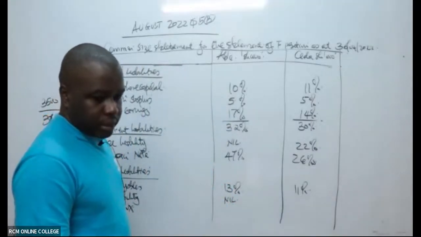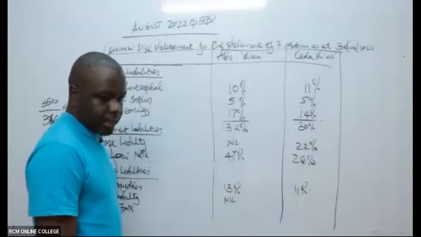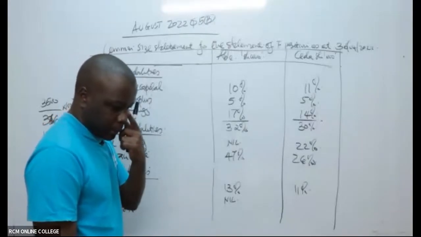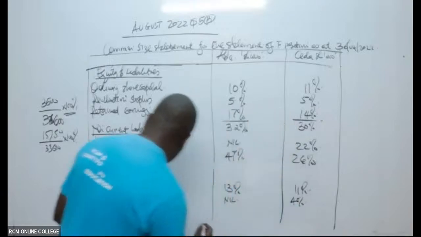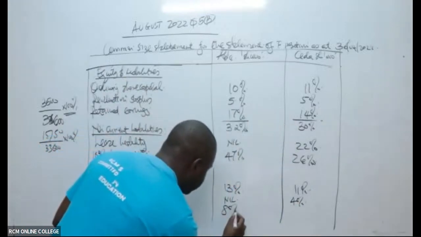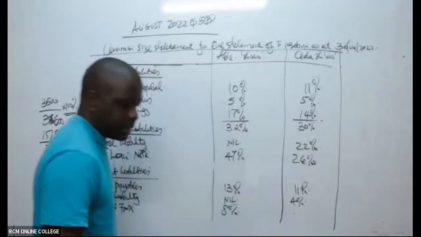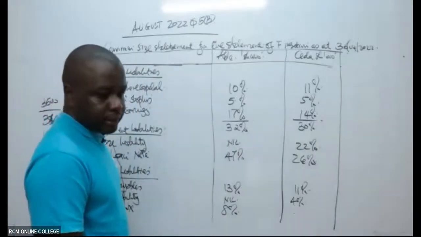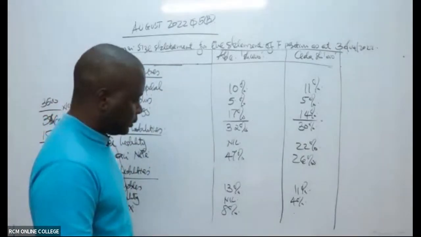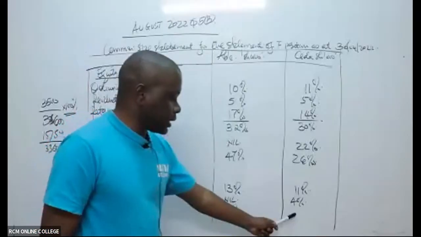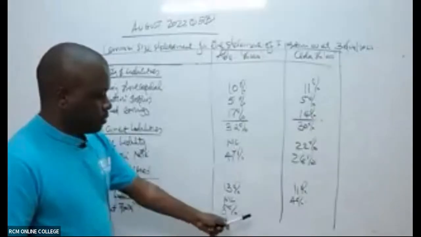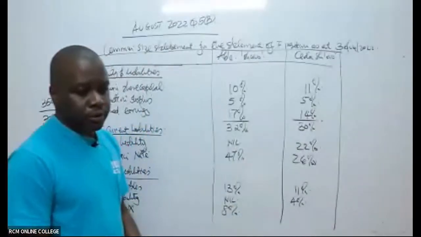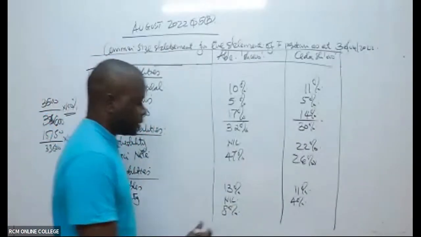The other side is 3.7%, so this one is 4%. Then we have current tax at 8%. This other side for the current tax is also 8%. What about for TAB? 7%.